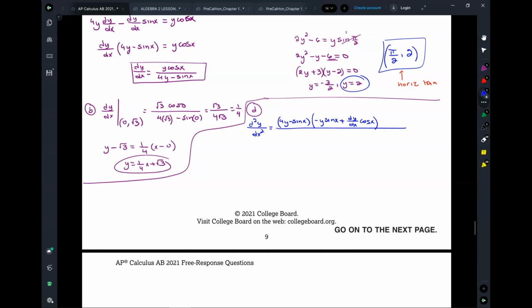So low d high, take high d low. Okay, so y cosine x, that's the high d low for dy dx minus cosine x. Square the line and cross the line and square the low.